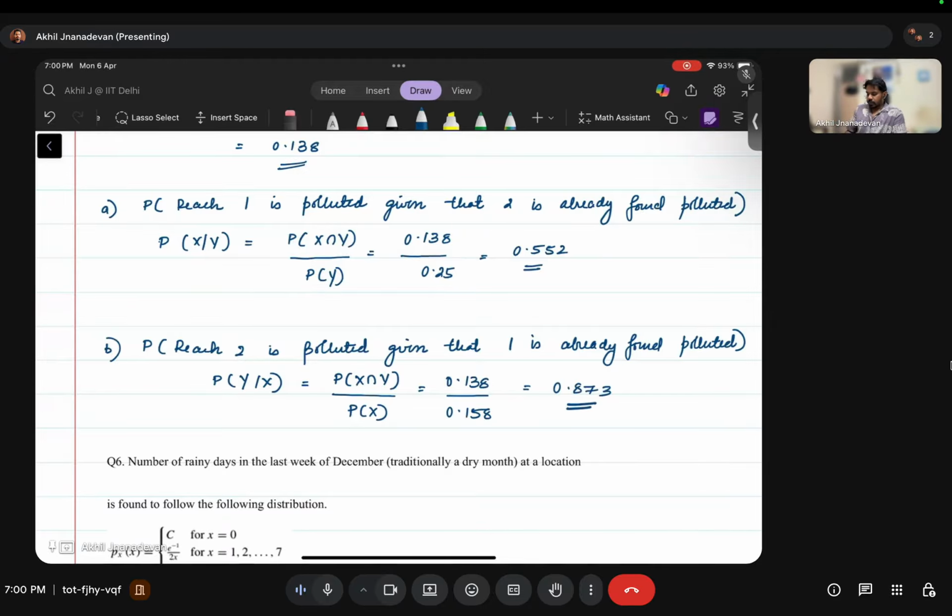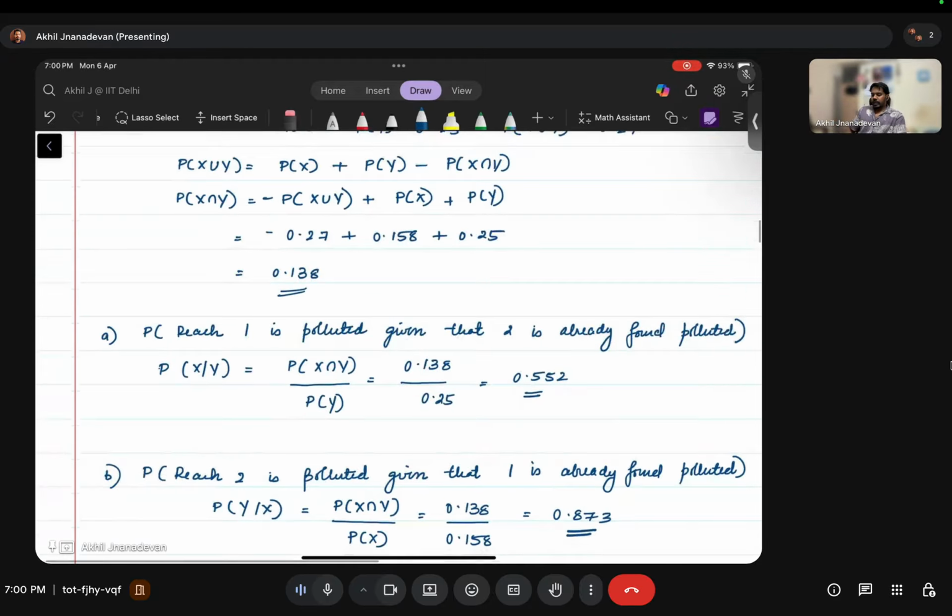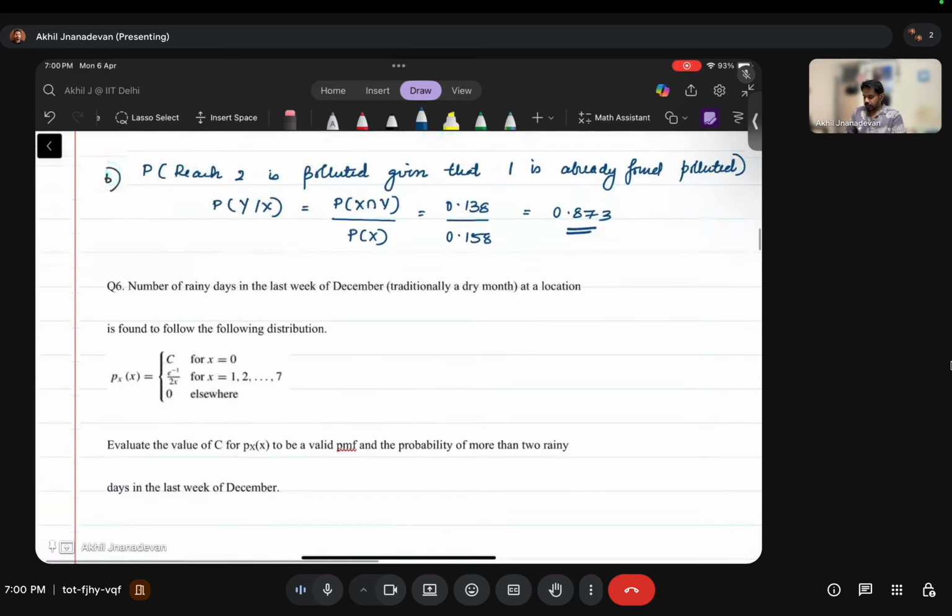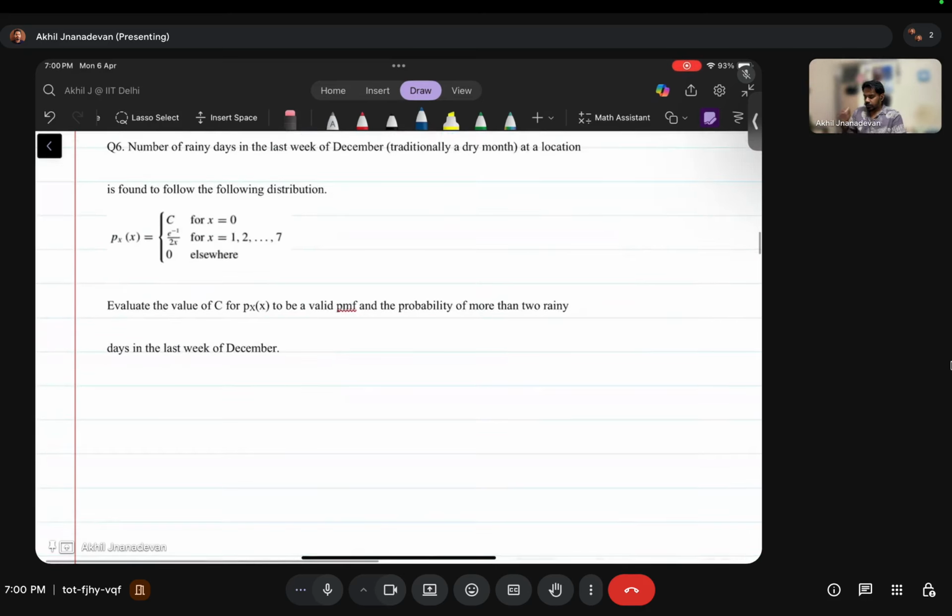Okay, so these are direct conditional probability cases where we just need to find the intersection of X and Y. We are given X and Y and X union Y. If we get X intersection Y, we can find the conditional probabilities P of X given Y and P of Y given X. Okay, so that is done.